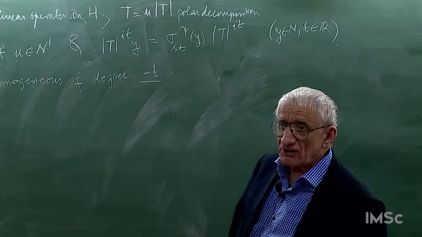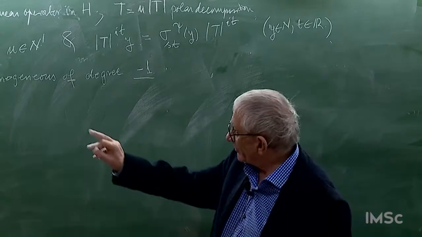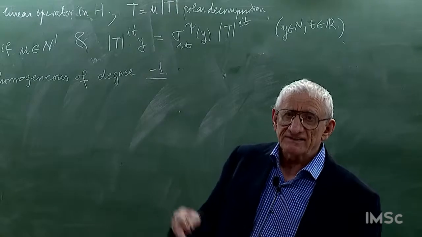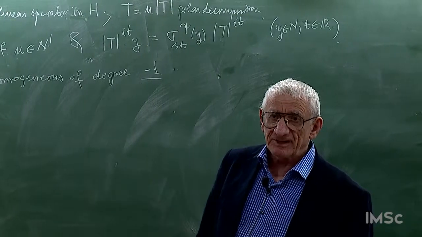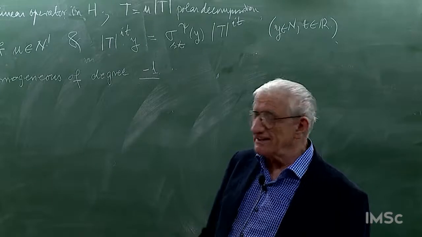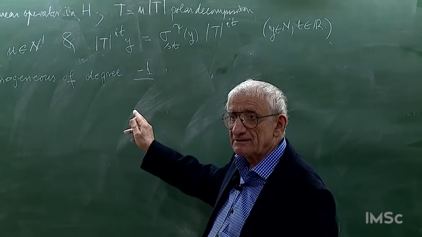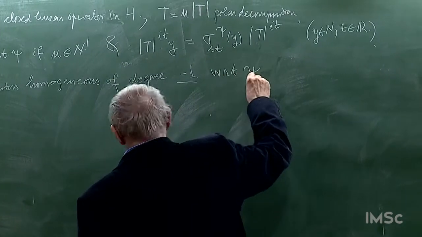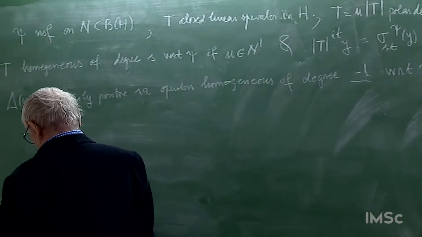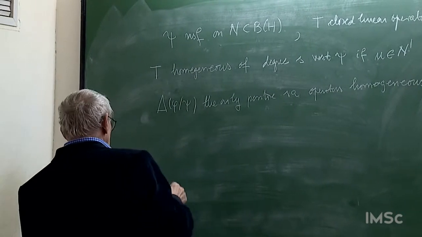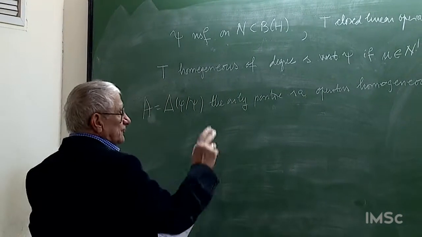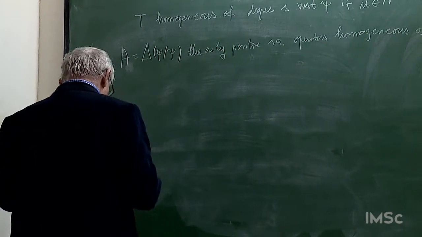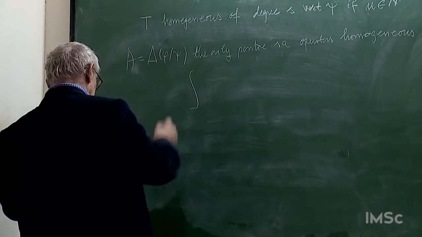And in the second theorem of Alain Connes, the characterization of the operators delta phi psi: there exists a phi such that the operator is delta phi psi if and only if the operator is homogeneous of degree -1, with respect, of course, to psi. And for such an operator A, which is homogeneous of degree -1, it's possible to define the integral.